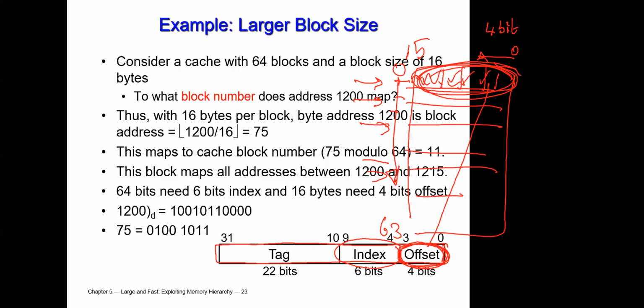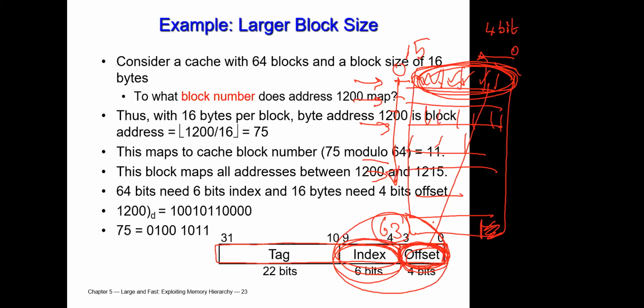So by using this and by using this, I can address actually any byte here. I can tell you from these 6 bits that it is in one of the 64 blocks. I can tell you from this guy that it is the first byte as an example. Correct? So by having this scheme, I can actually address any byte in my cache.